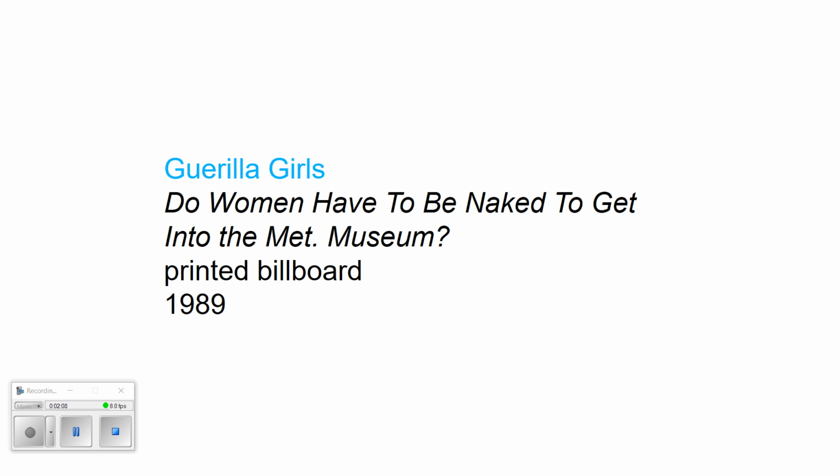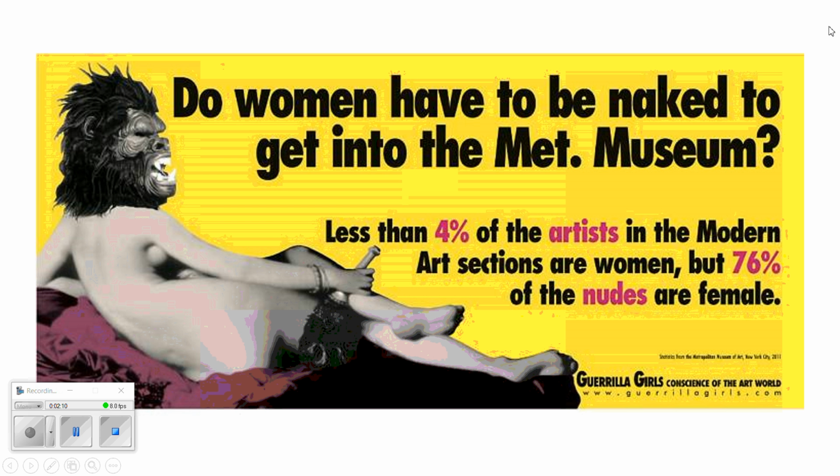So they started to look at essentially how many male artists versus female artists were represented by different galleries or museums, and then they would publish the statistics to call into question the inequity in the practices of these major institutions. So as you can see in this image, taking a look at the statistics from the Metropolitan Museum in New York City, quite a horrible discrepancy there.